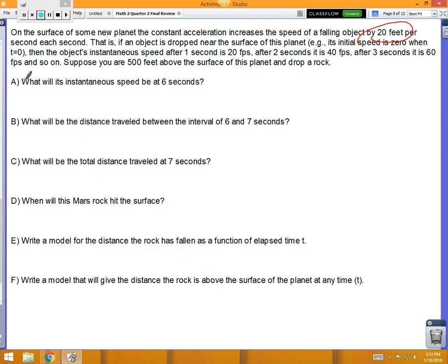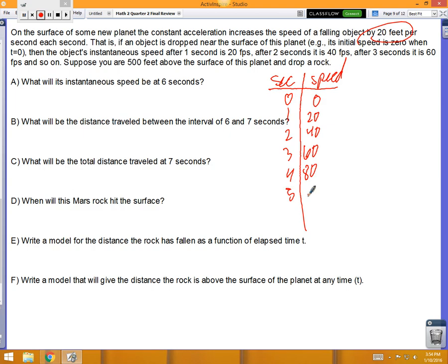So question number A, what will its instantaneous speed be at 6 seconds? So if you're looking at a table, this is seconds and this is speed. 0 is where we're going to start. 1, it's going to start from nothing and speed up till it tops out at 20. 2 is going to top out at 40. 3 is going to go from 40 to 60. 4 is going to speed up to 80. 5 is going to speed up to 100.